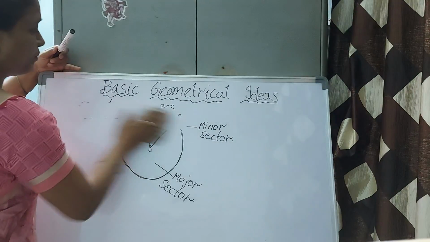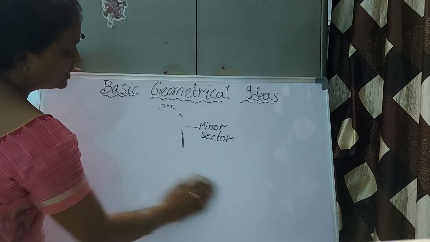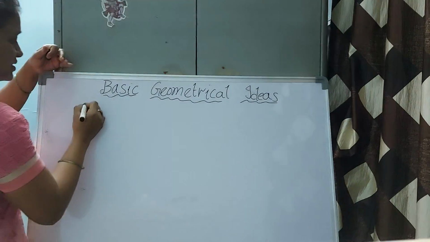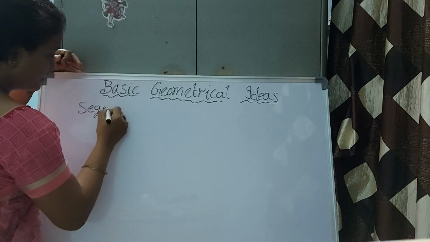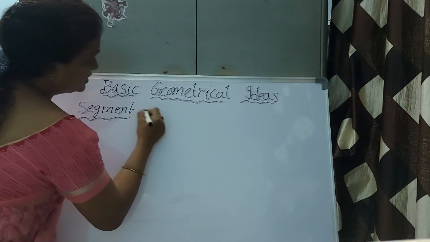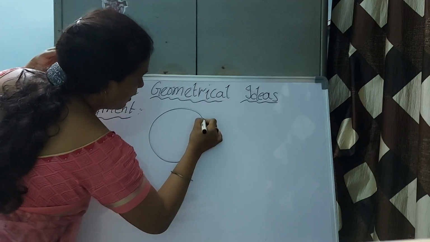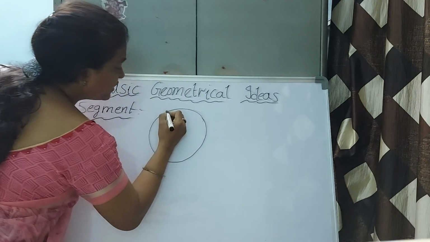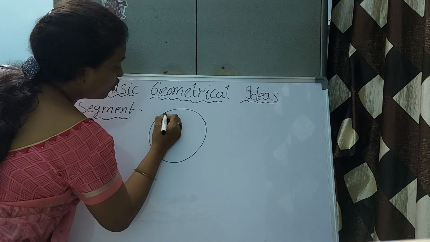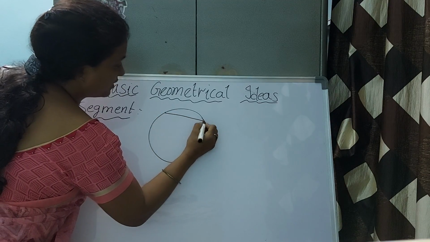And the last topic in this chapter is segment. See, in a circle, take one arc and enclose it with a chord.